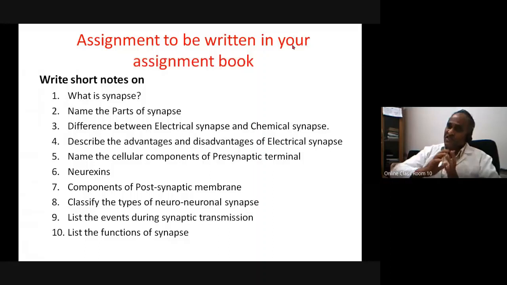These are the 10 questions. Try to work them out and write them in your assignment book, so that it would help you understand this particular topic in a small bit. That means it covers everything, so try to work on it.